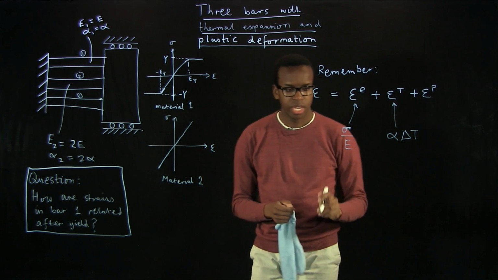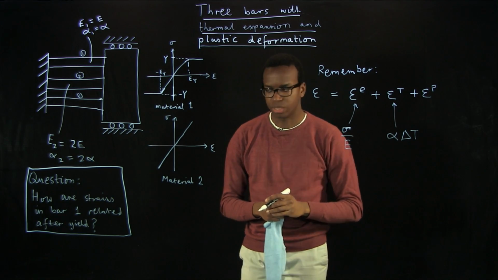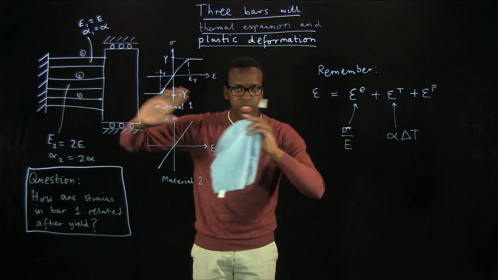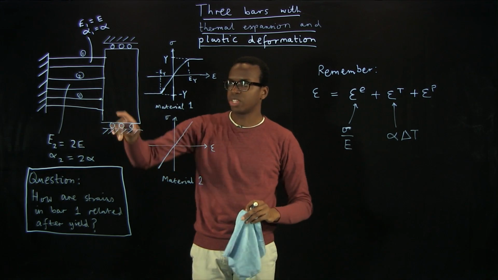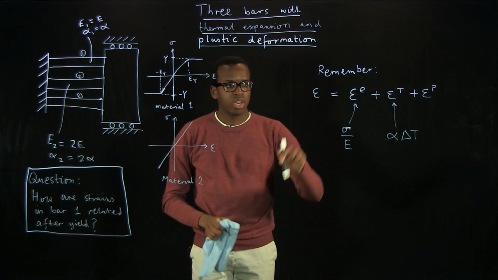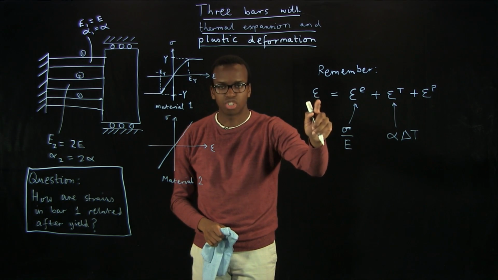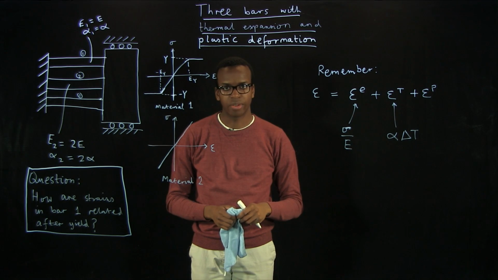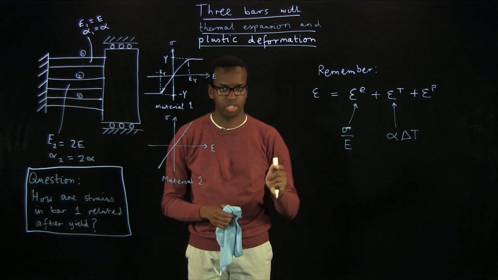The first one is to remember that when you're doing compatibility relations, so when you're describing once there's some stress in the material, some thermal expansion, and you want to know what the length of the 3 bars are, you're going to be using your strain in order to write down your compatibility relations.